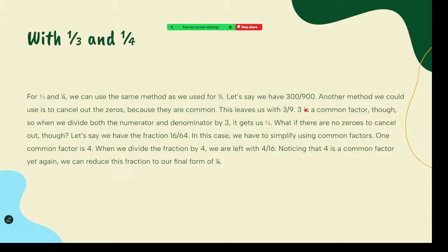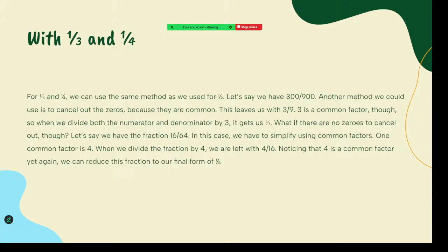Since these are common to both and we're dividing, we can cancel out both these zeros. This leaves us with the 3 and the 9, which is still a fraction. So it's 3/9. Now we can use the method we used for 1/2, which is identifying a common factor. 3 is a common factor, so when we divide both the numerator and denominator by 3, it gets us 1/3. 3 divided by 3 is 1, and 9 divided by 3 is 3.